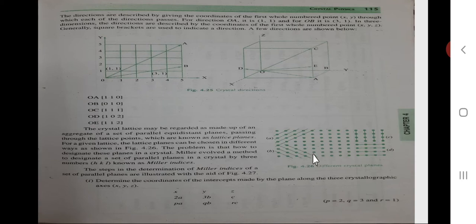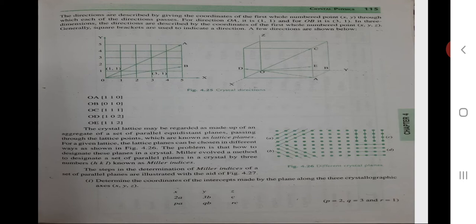The problem is how to designate these planes in a crystal. Then Miller invented a method to designate a set of parallel planes in a crystal by three numbers, in brackets (h k l), known as Miller indices.